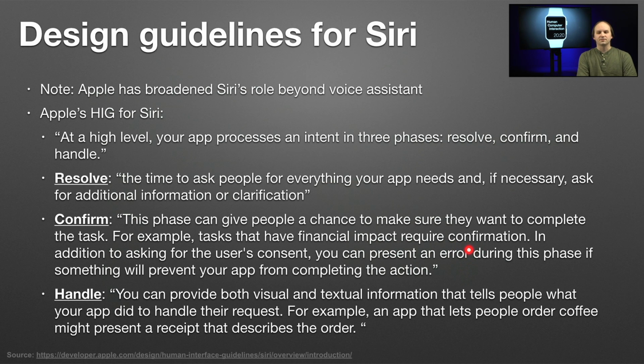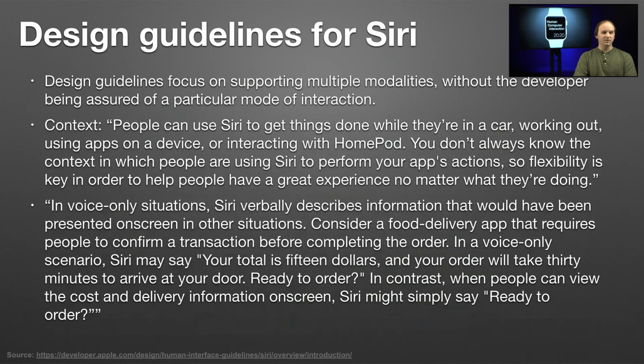You want to get the user to confirm that. And then the final phase is the handle phase, which is where you provide information about what your app did. So you see some visual and textual information because Apple does use Siri visually on their mobile devices when that's possible, but not always.